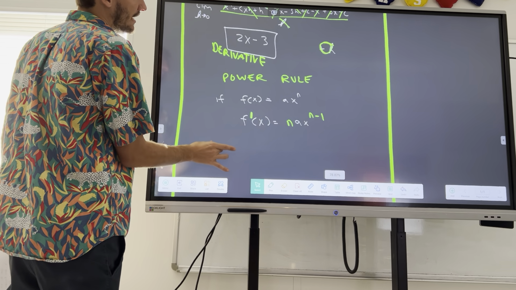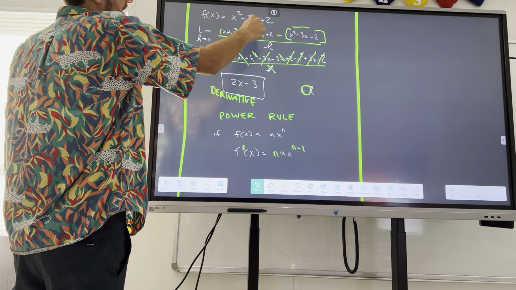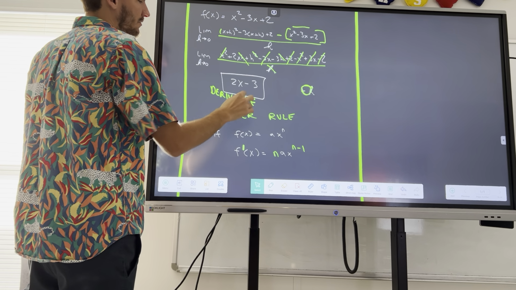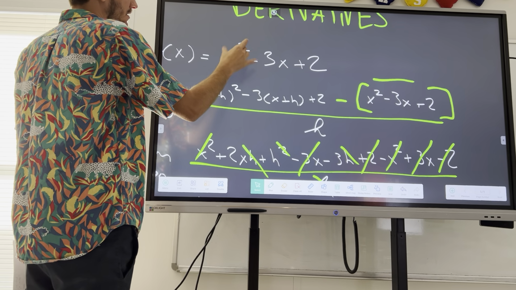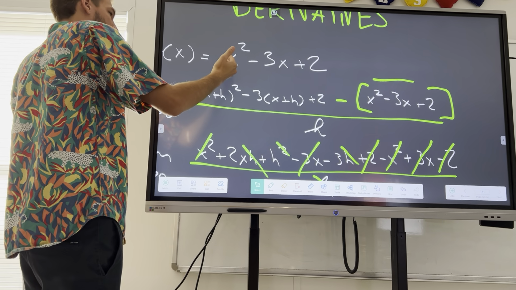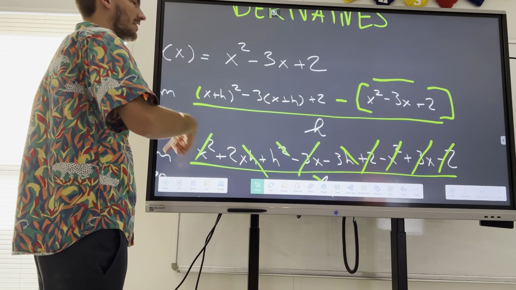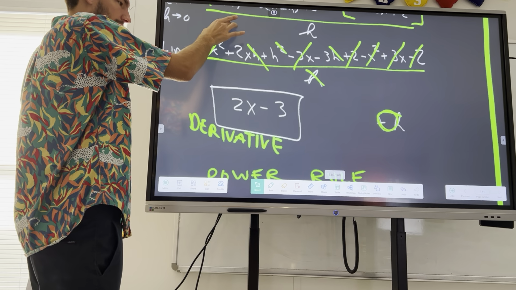We can just see our old problem, x cubed minus 3x plus 2. The derivative of that is 2x minus 3. And if you think about this one at a time, the x squared, we put the 2 in front, it became 2x, and we subtracted 1, it went from 2 down to 1, and then it should have just been 2x. When we look here, that's what we got.